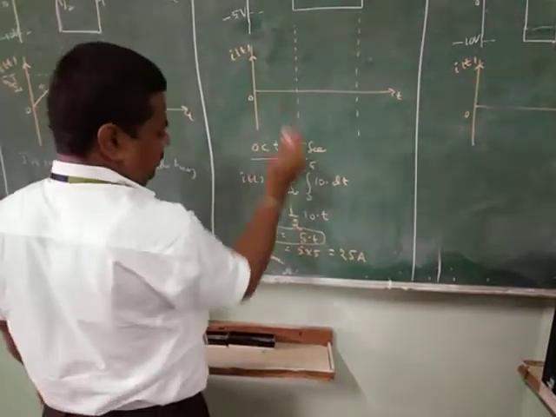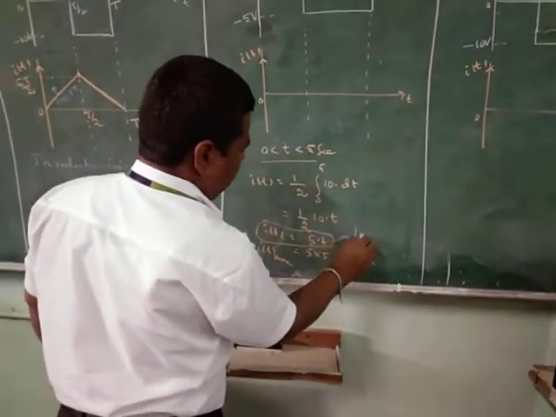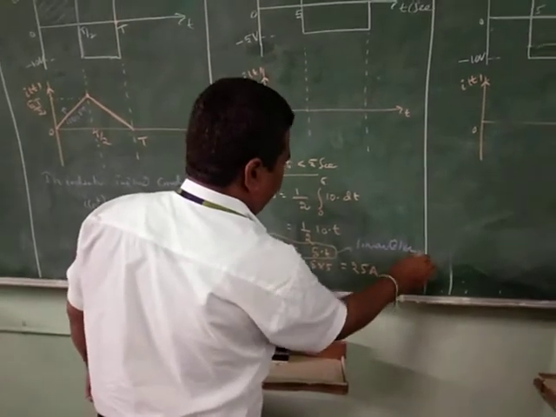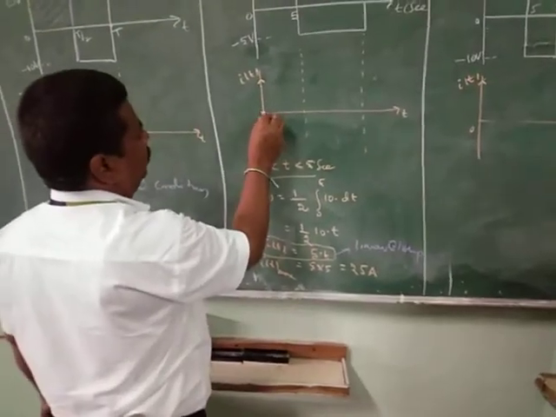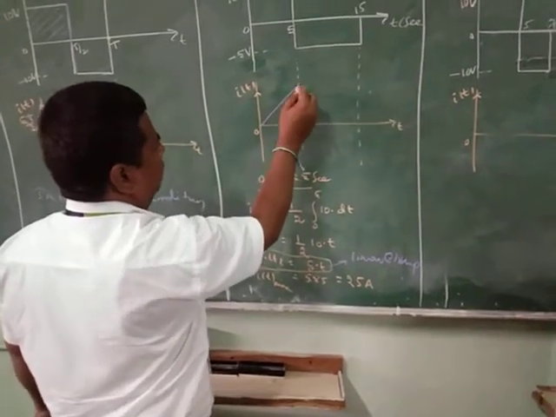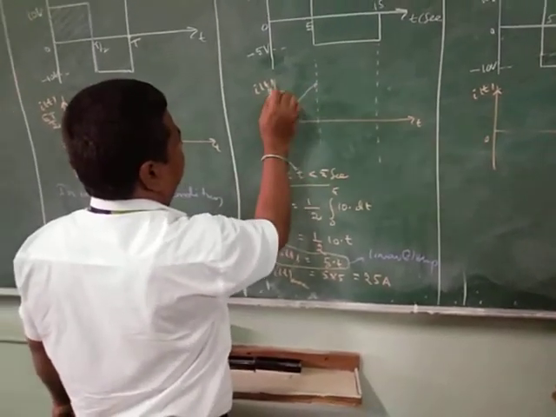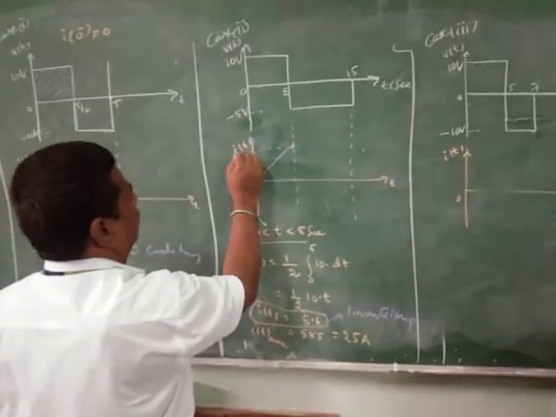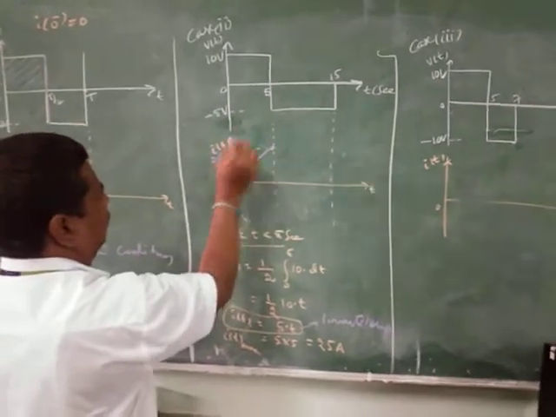The shape is linear, a ramp, that slowly increases, and the maximum value is 25 amperes.